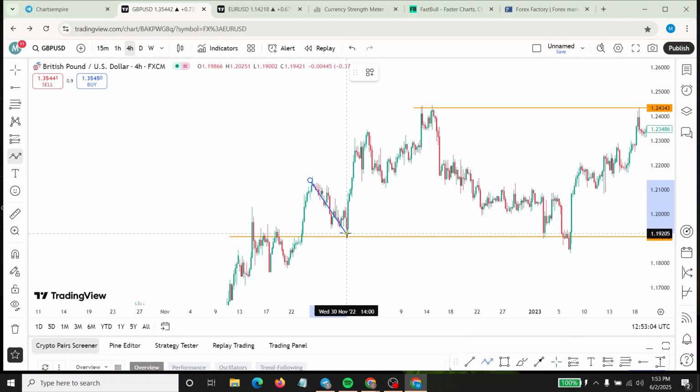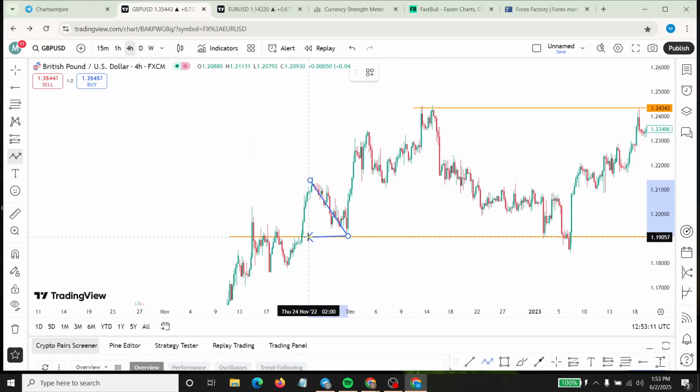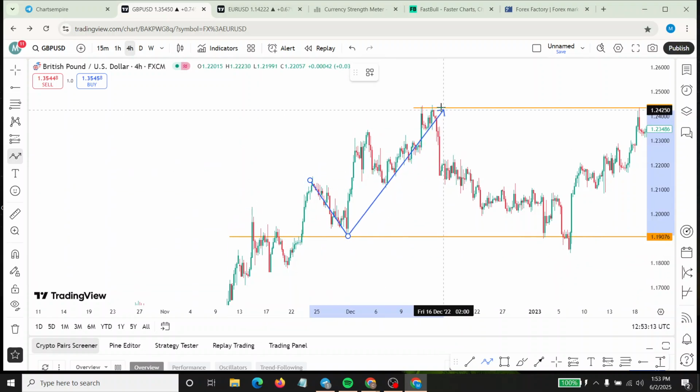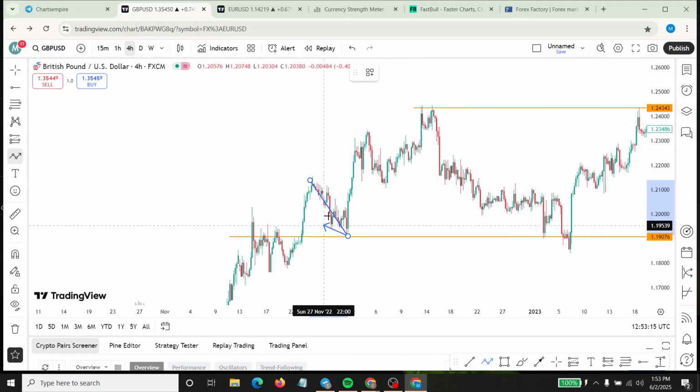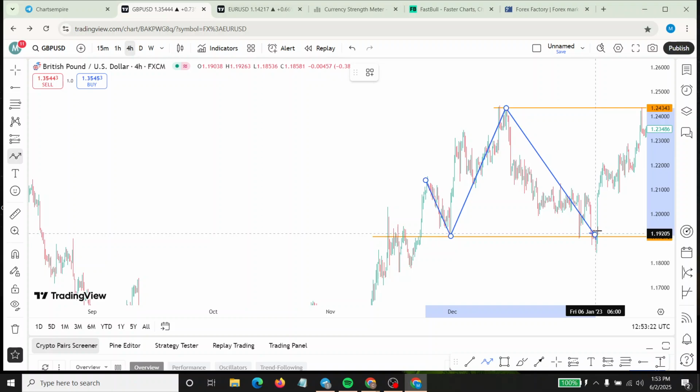We are taking advantage of the swing points of the structure of the market, because we are still in a bullish market. The market broke out from here, gave us a retest and created a new resistance zone here. It came back all the way and tested this zone again.